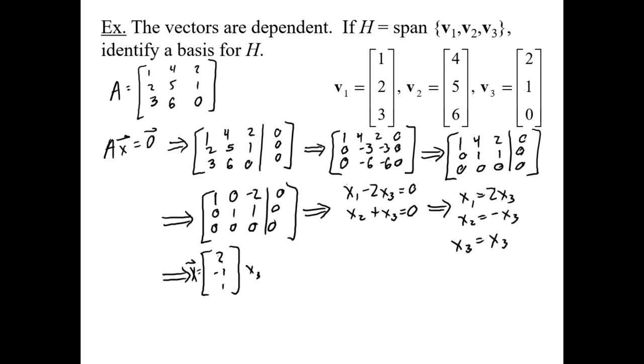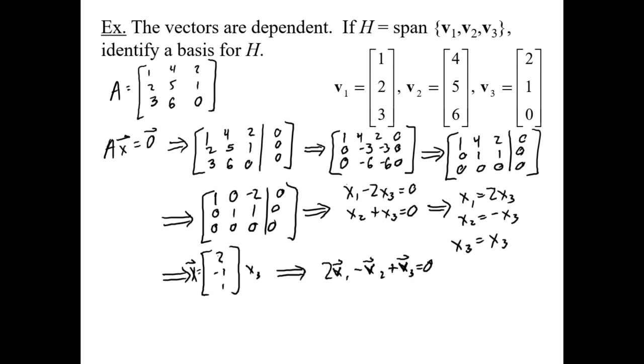So this tells me that 2v1 minus v2 plus v3 is equal to 0.